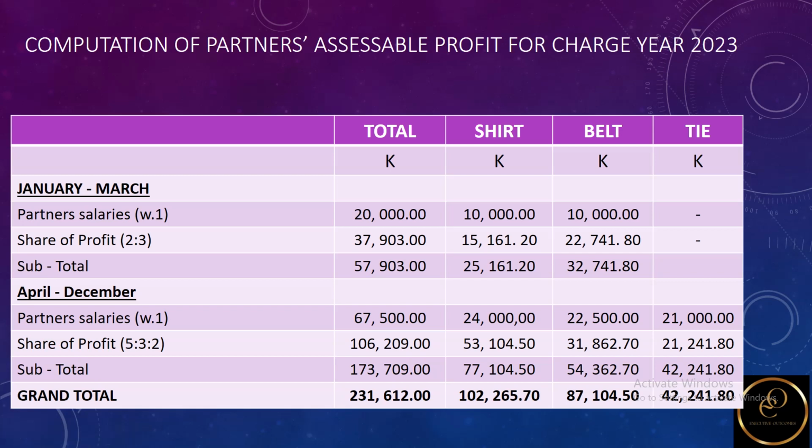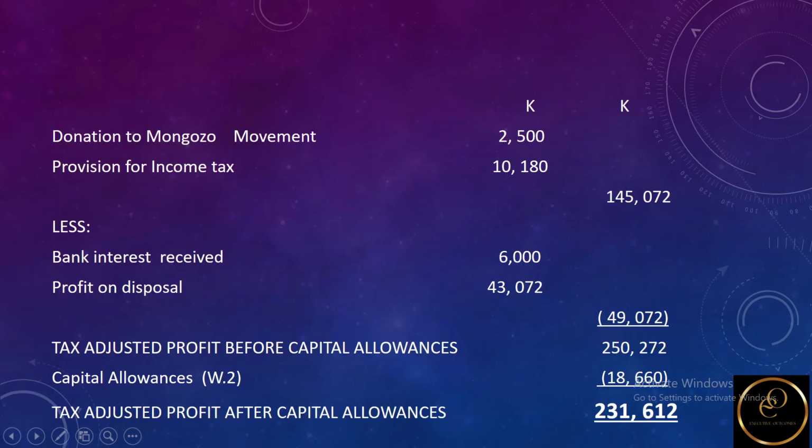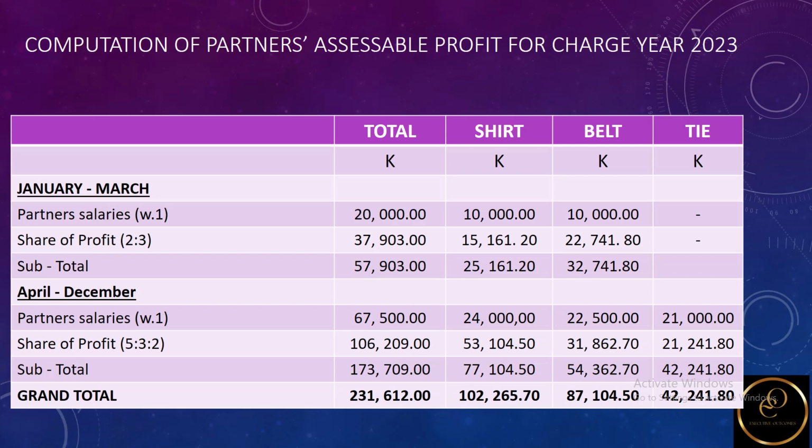As I explained before, we had a situation where the partners for the first period had to be paid 40,000 each per annum. And I did show in the previous session, Taxation of Partnership Part 2, how we arrived at the figure of 10,000 kwacha under Shirt and 10,000 kwacha again under Belt.